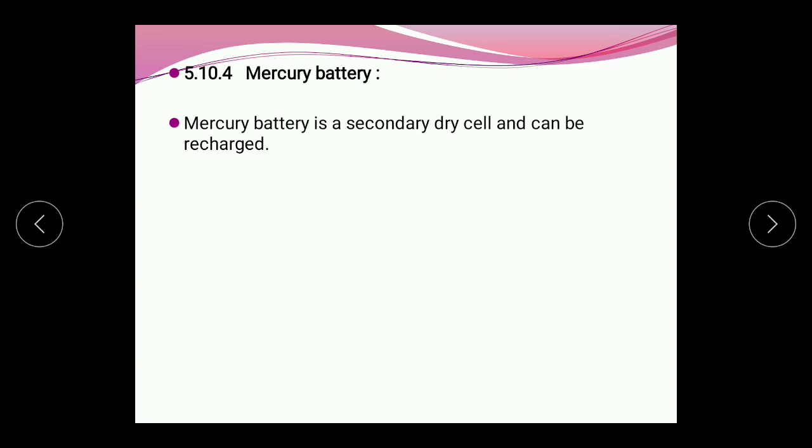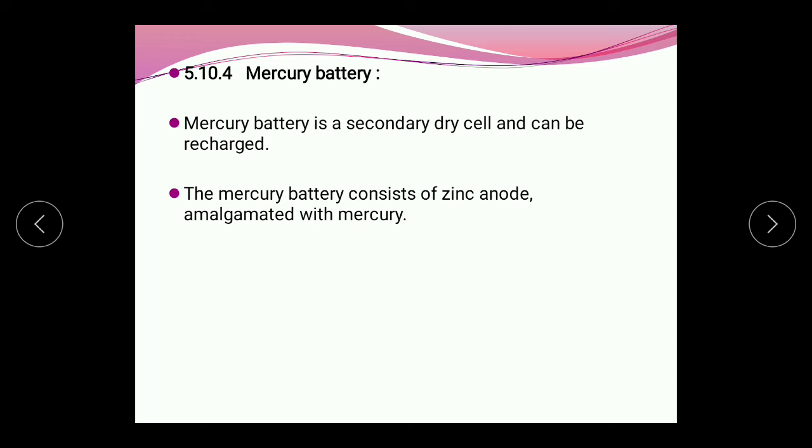The mercury battery has a zinc anode amalgamated with mercury. Any metal with mercury is called its amalgam. If it is sodium with Hg, it is written as Na-Hg and called sodium amalgam. Like that, zinc along with Hg is called zinc amalgam.